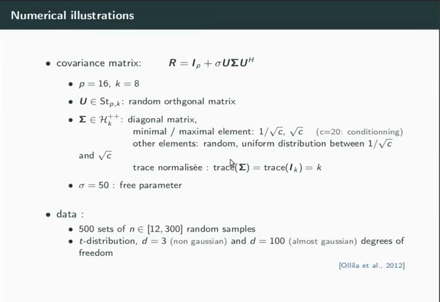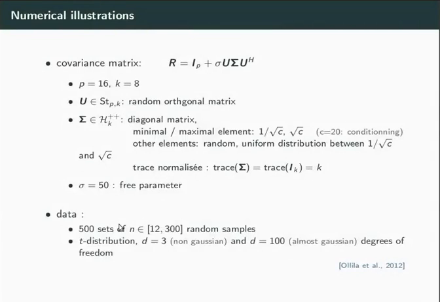And the trace has been normalized as well. And we also have a parameter sigma, which controls the degree of low rank of the whole matrix R. And we chose sigma equal to 50 here.